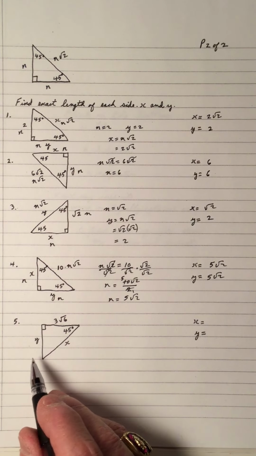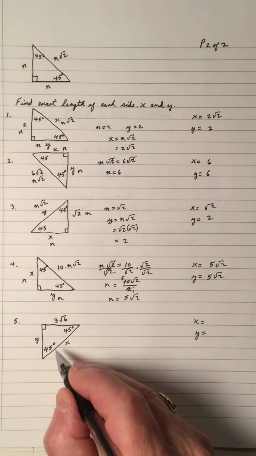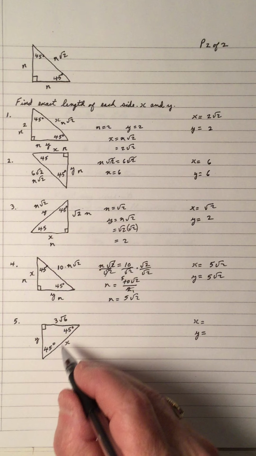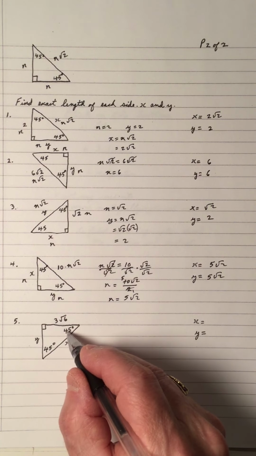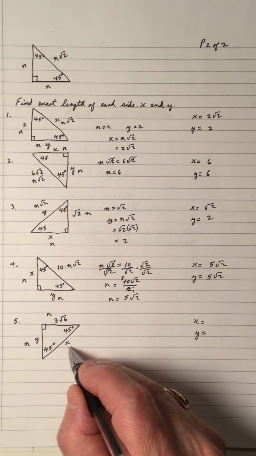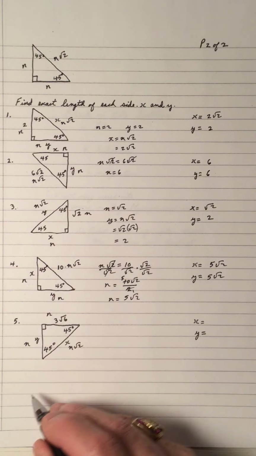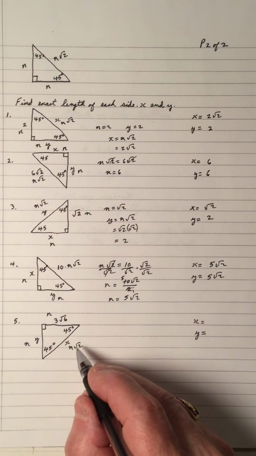And number 5, we have a 45, 90, so this angle is 45. And we have the sides opposite the equal angles are equal, so that's an n there, and that's n, and x is n root 2. So what do we know?